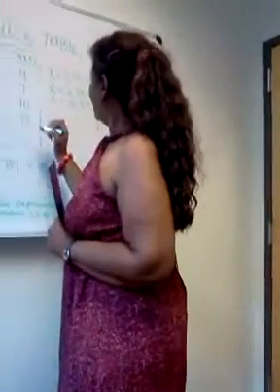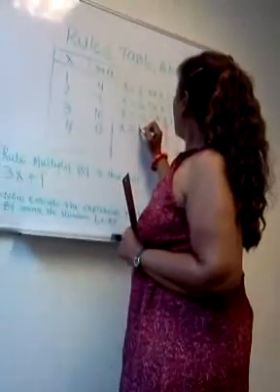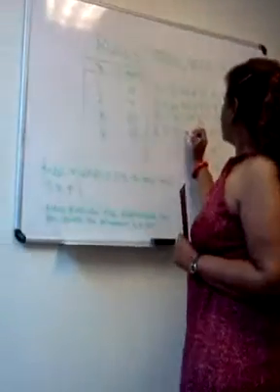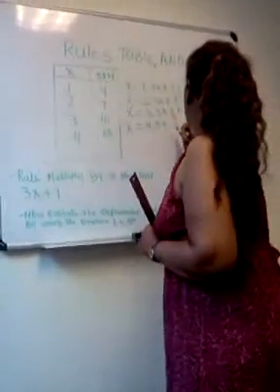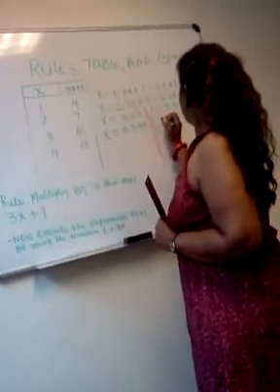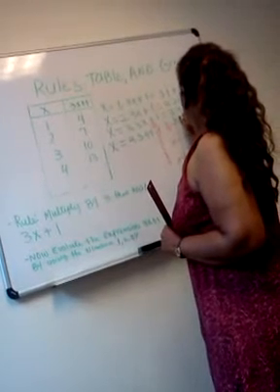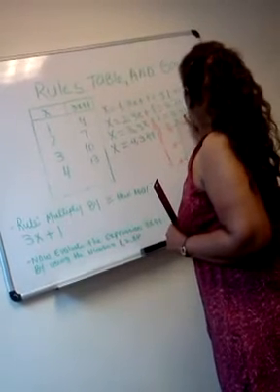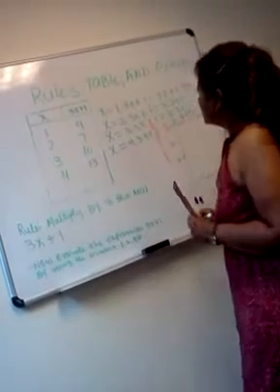We have 4. So we're going to say x equals 4, and we say 3 times 4 plus 1 equals 13.